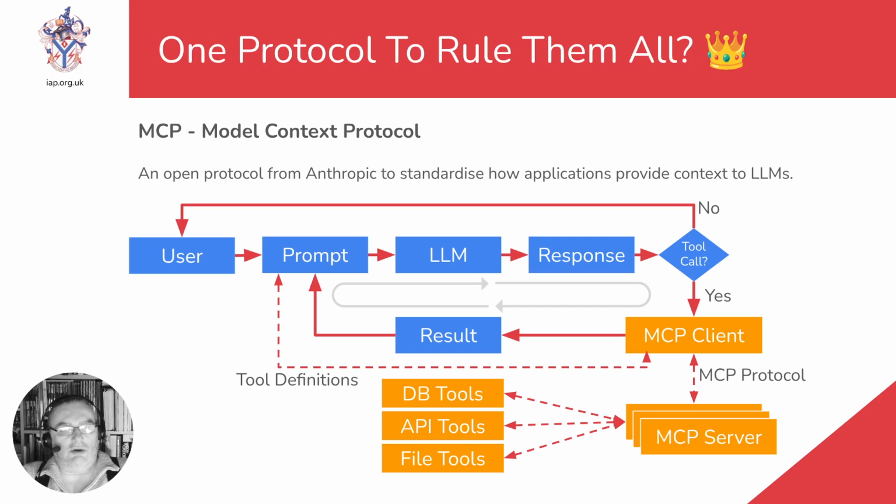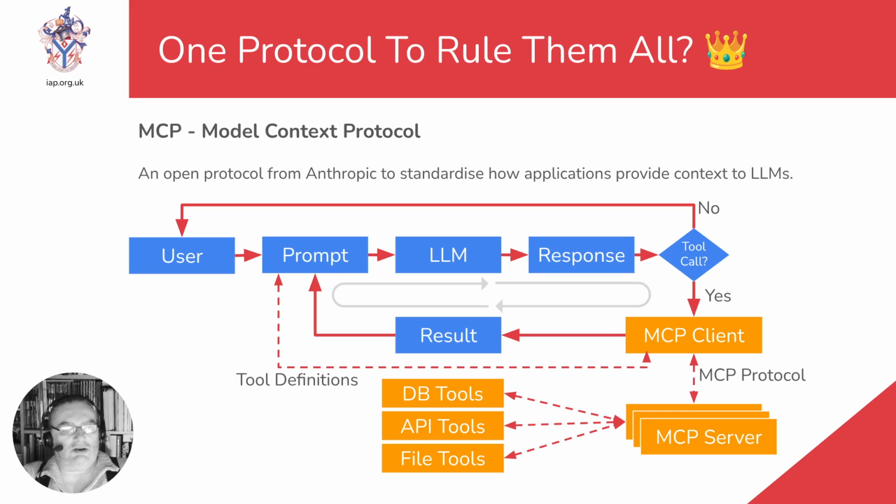Using the tool calling example from before, we can replace our invoke tool process with an MCP client. MCP clients, MCP servers and tools are shown in orange here with the dashed arrows showing new interactions. The tool definitions now come from the MCP client. An MCP client can ask any MCP server for a list of tools.